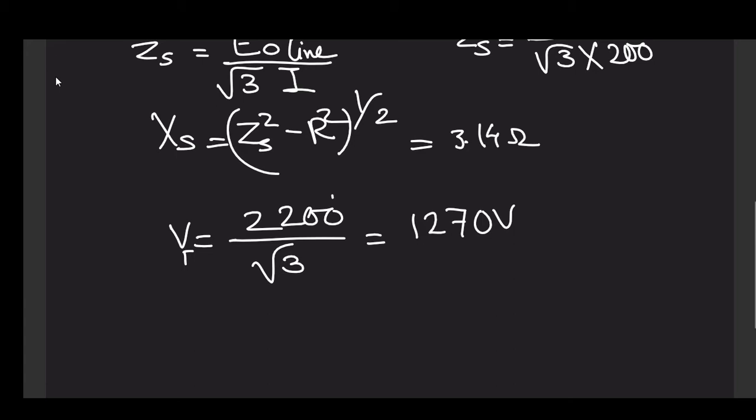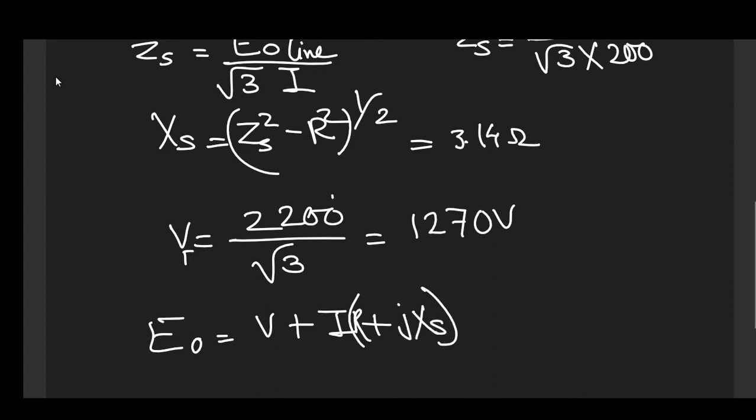So what is the formula? E naught is equal to V plus I times R plus JXS, and you know what to do.